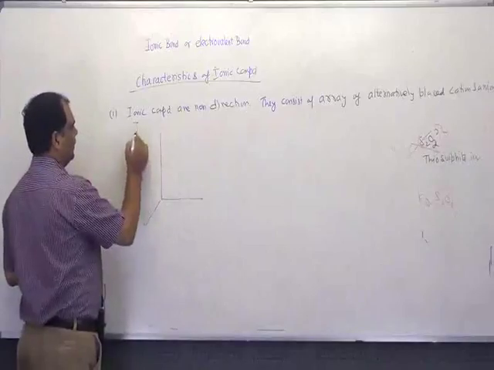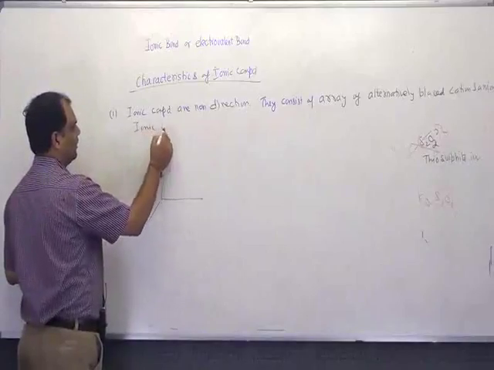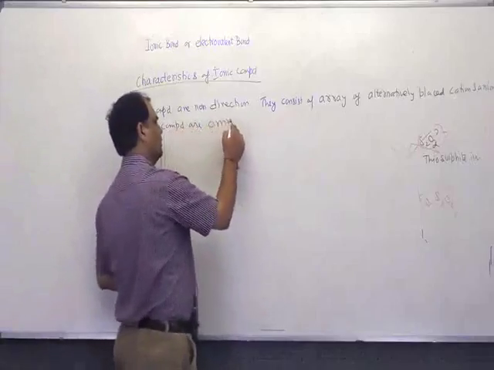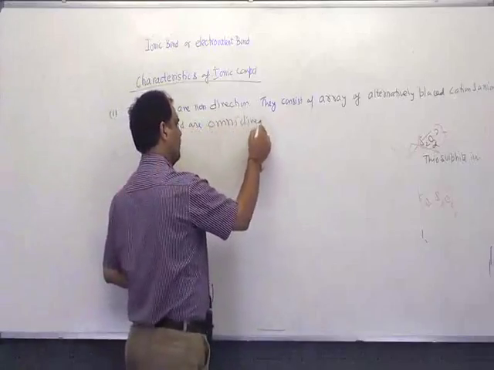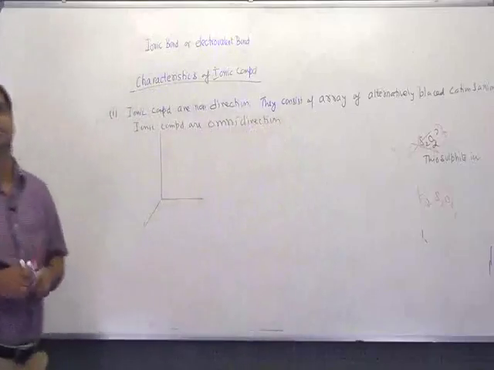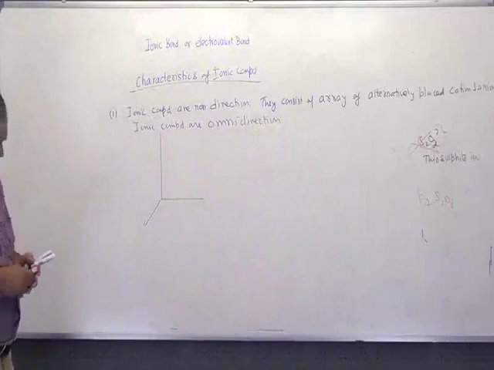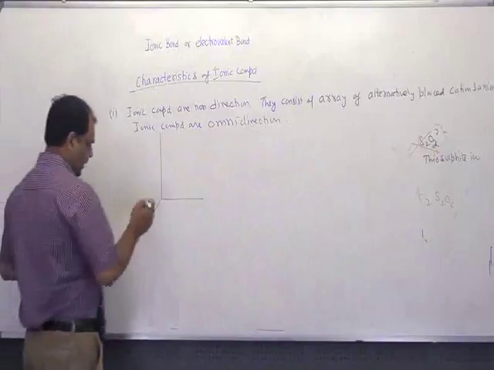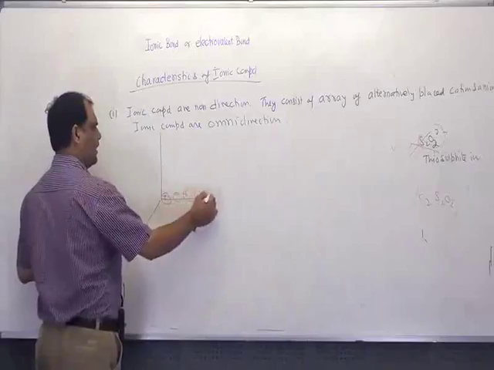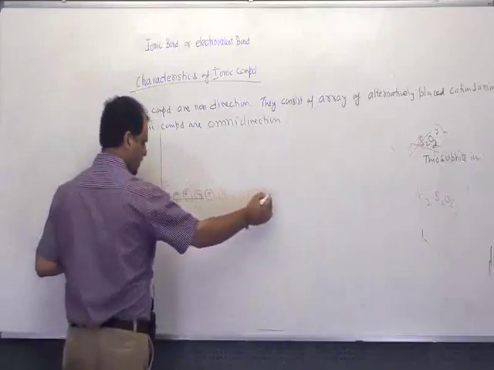Or we can say that ionic compounds are omnidirectional. Now I will try to explain this statement. Just see it. An ionic compound consists of cation, anion, cation, anion, cation and anion infinitely.